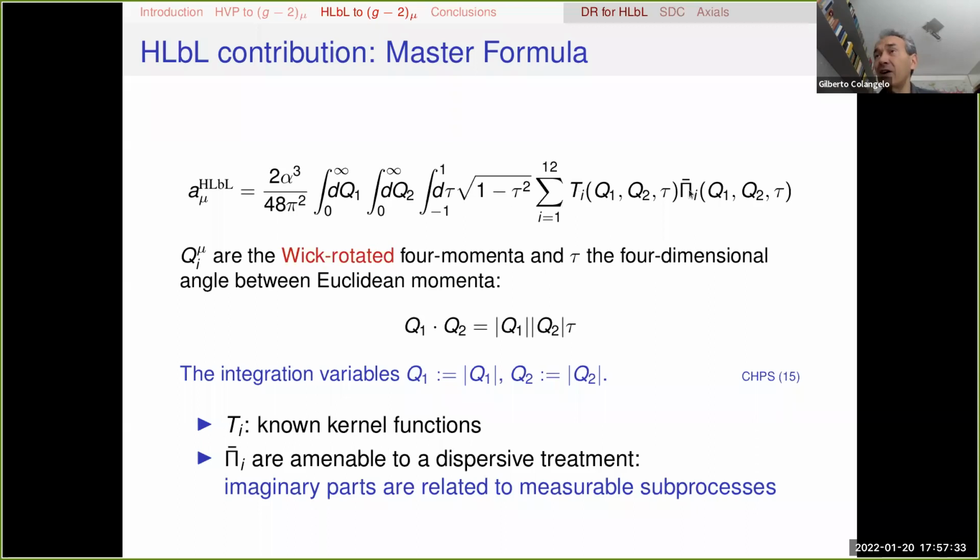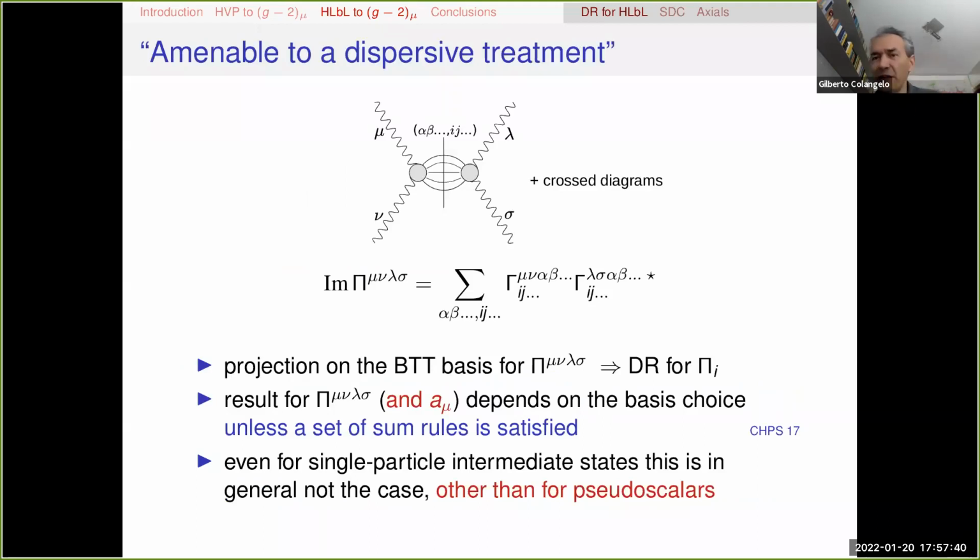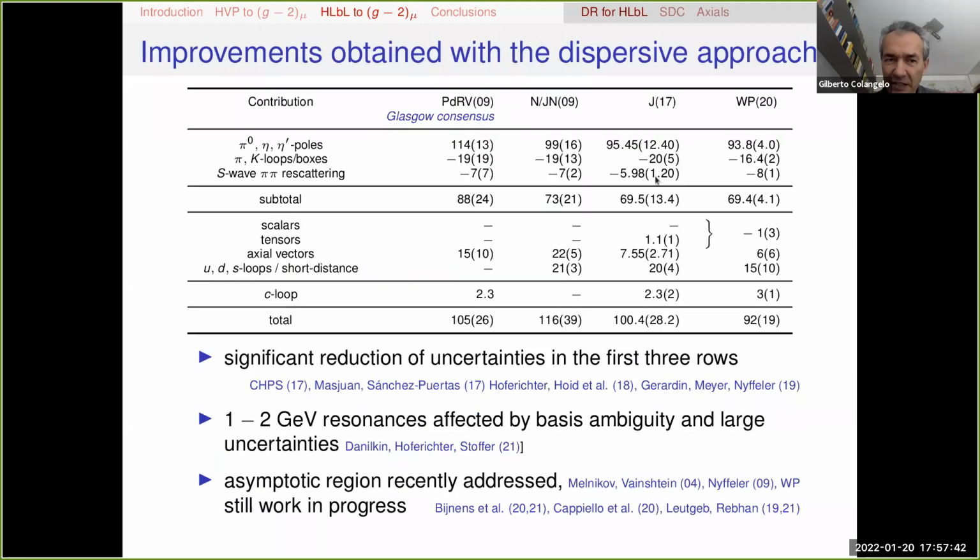And this Π now you can evaluate dispersively. Evaluating these dispersively is complicated, but work in this direction has been done. In particular, for the first 3 lines in this table, which contain the most important contributions, the dispersive approach has led to significant improvements.